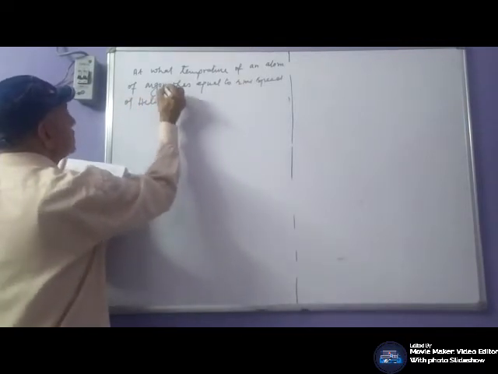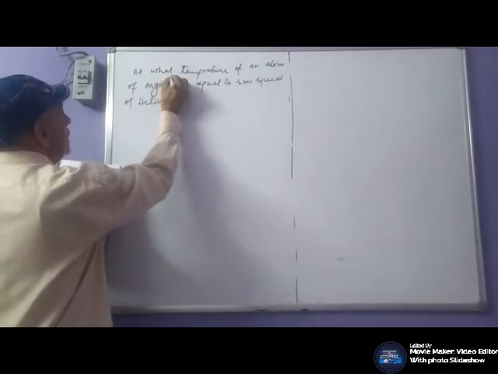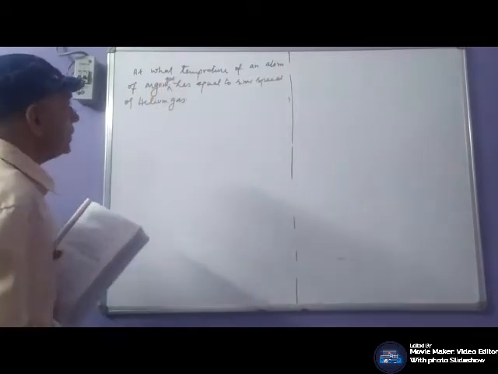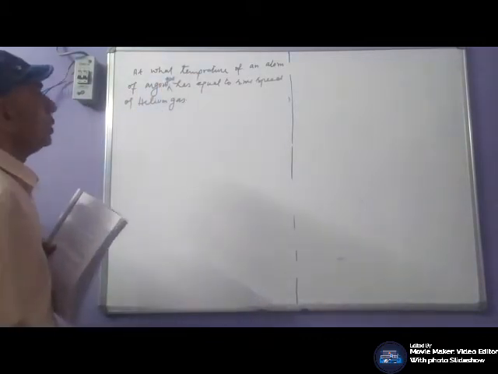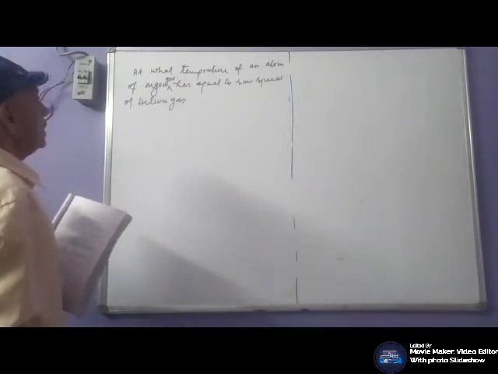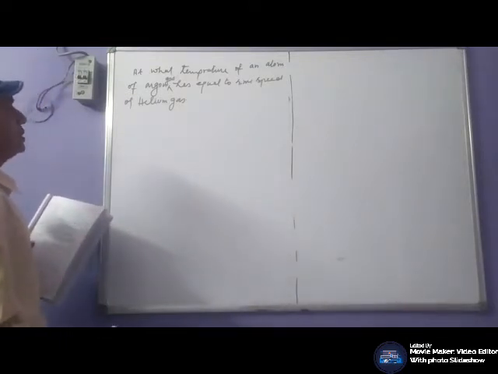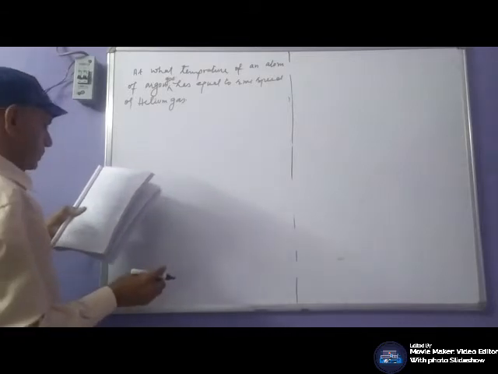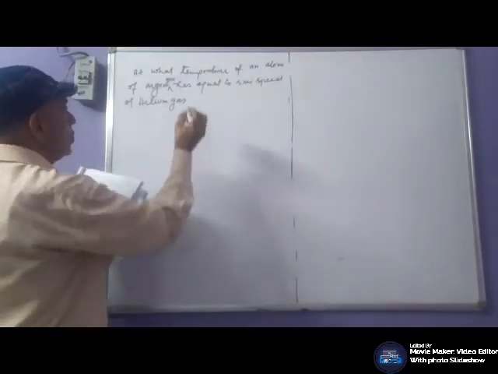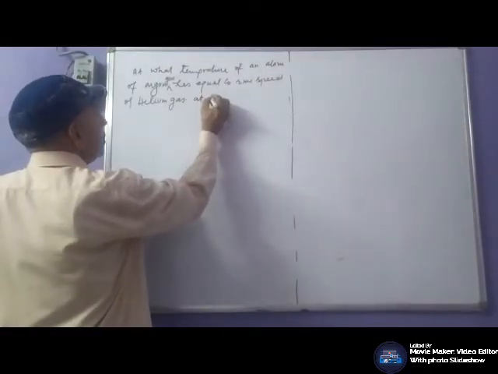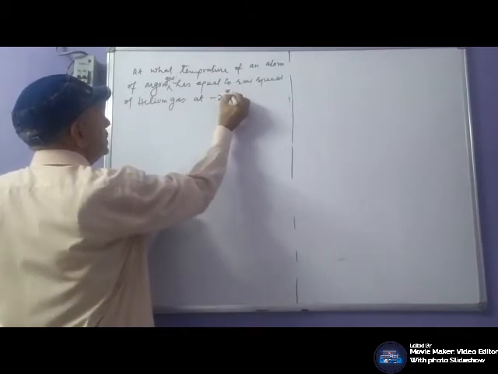Both are gases. Argon is gas. At what temperature of an atom of argon gas has equal RMS speed with helium gas? At minus 20 degrees Celsius.